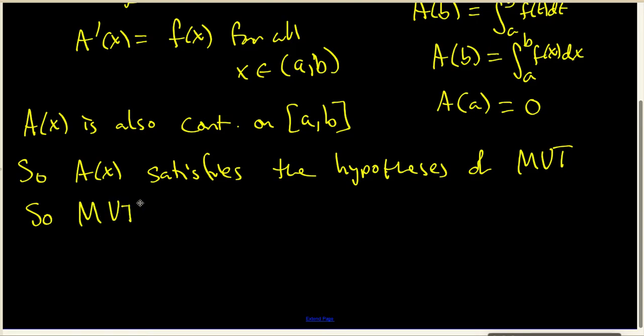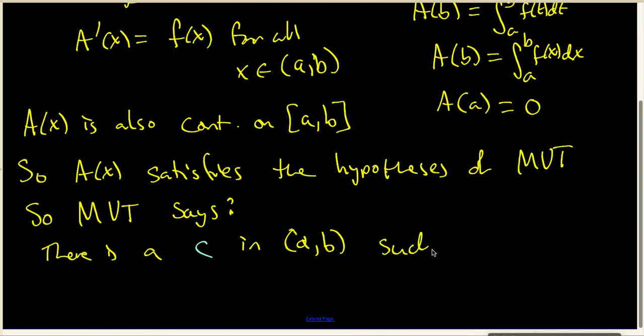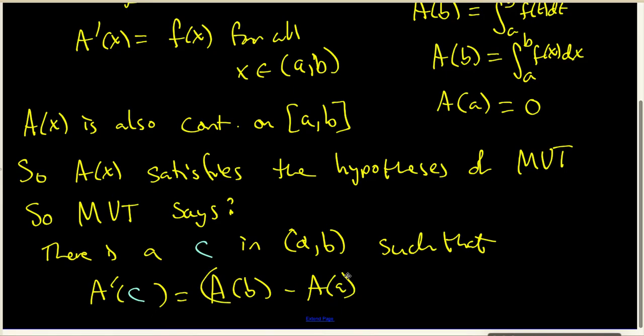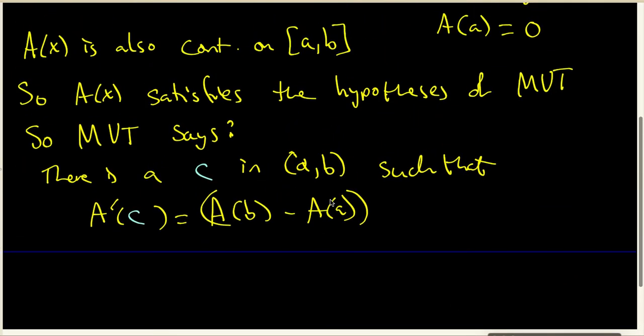The mean value theorem says there is a magic c inside the open interval between a and b, such that A prime at c is going to be A of b minus A of a, all divided by b minus a.